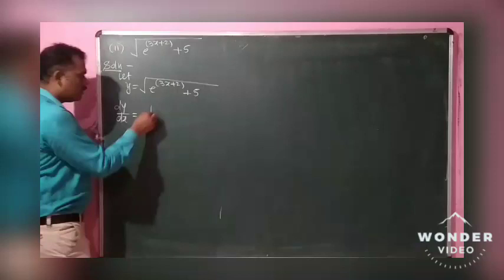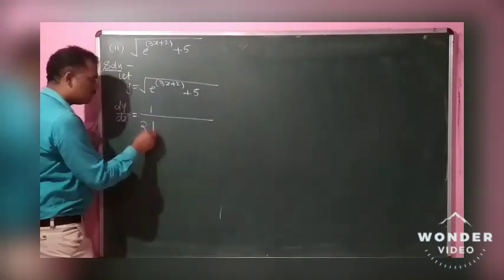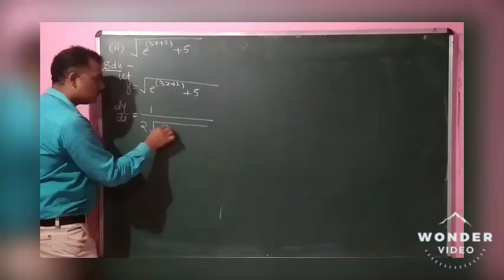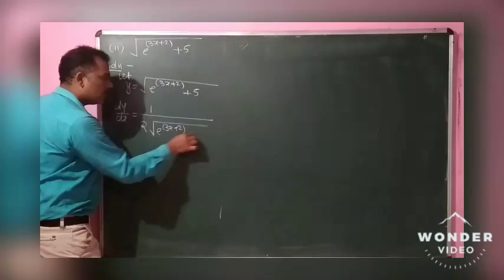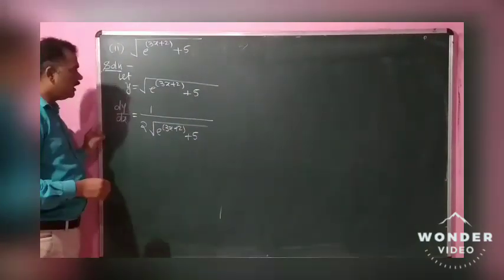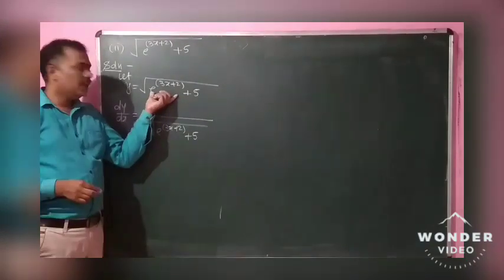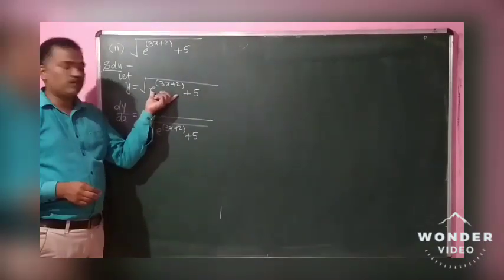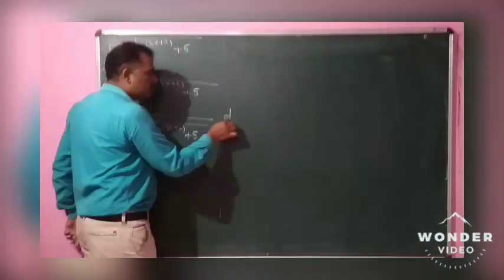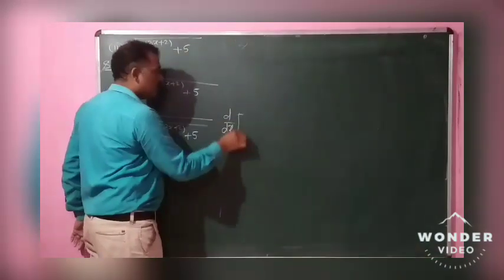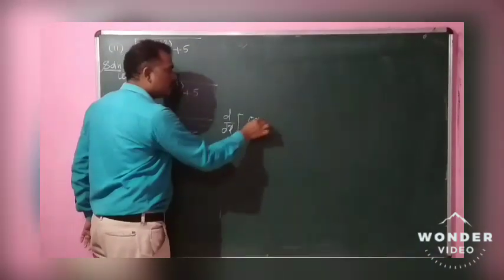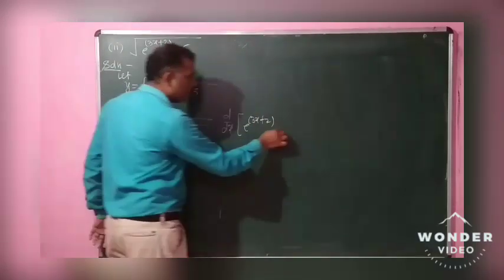What is the derivative of root? 1 upon 2 times root of e raised to 3x plus 2 plus 5. Now we have to take the derivative inside the square root. What is inside the square root? e raised to 3x plus 2 plus 5. So that into d dx of e raised to 3x plus 2 plus 5.